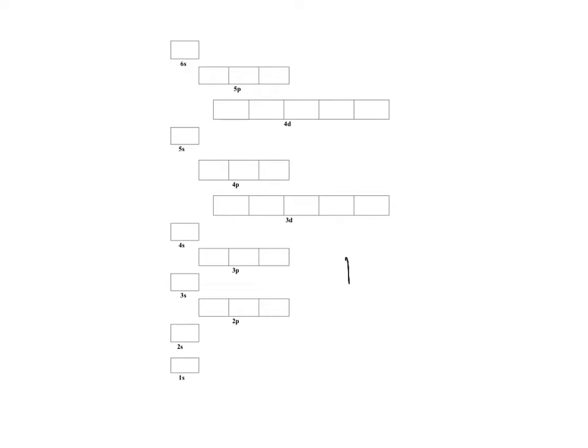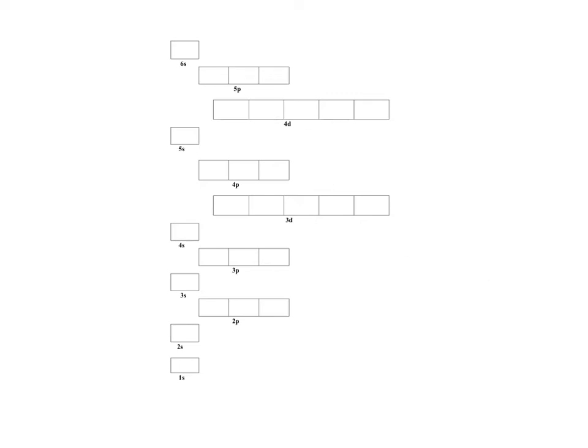The pattern goes 1s2, 2s2, 2p6, 3s2, and so forth. That's the same pattern we're going to be following here with the orbital notations. We just have some boxes laid out for us. So we're going to look at some elements and see where their electrons go on this diagram.